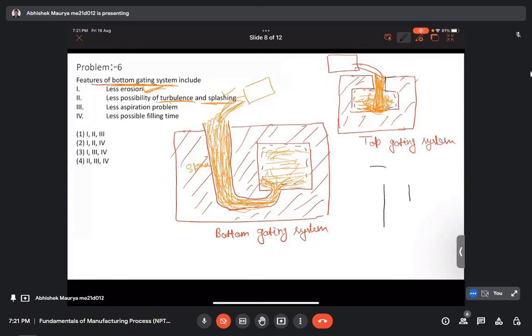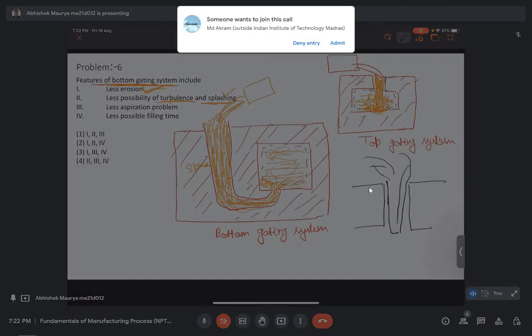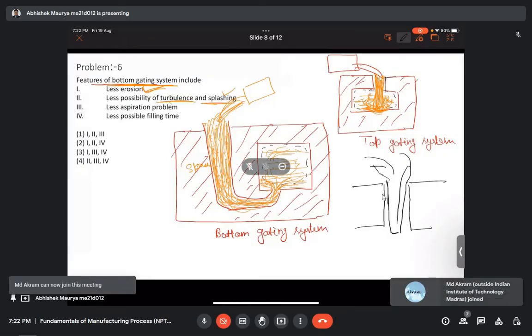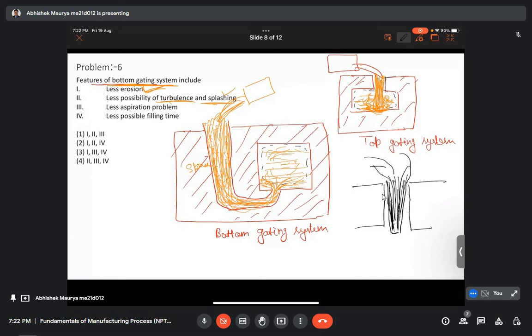Suppose this is the mold walls and we are pouring molten material inside the mold. Since the velocity of molten metal keeps on increasing, the area of cross section of the flow will keep on reducing as the velocity of the molten metal keeps on increasing.